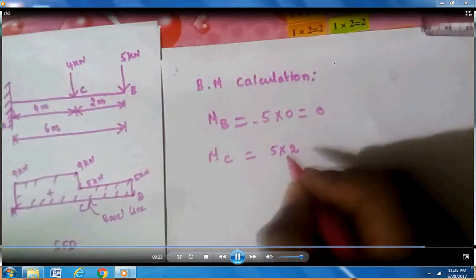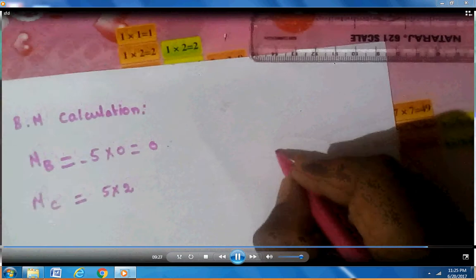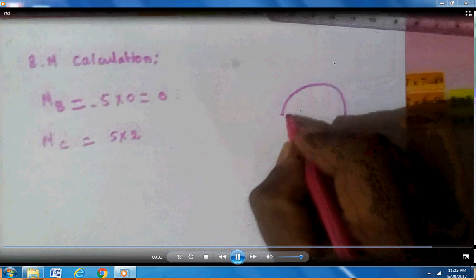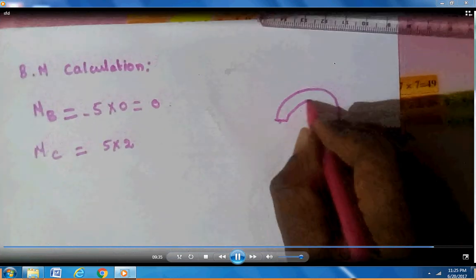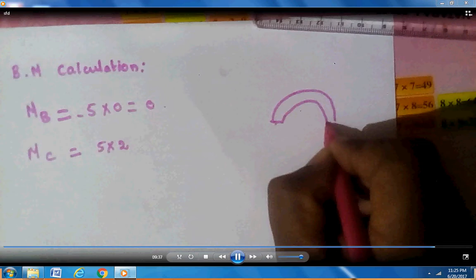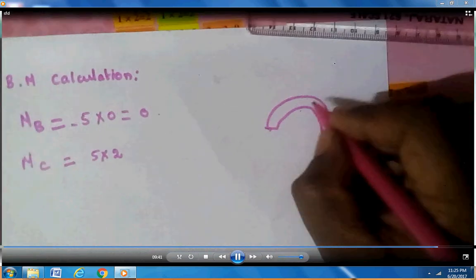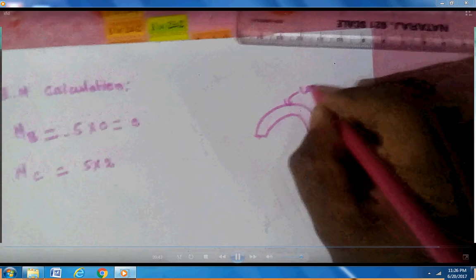Okay, here we need to discuss the sign convention of bending moment. If the beam tends to bend in the curvature of convexity upward, that is known as negative bending moment or hogging bending moment.